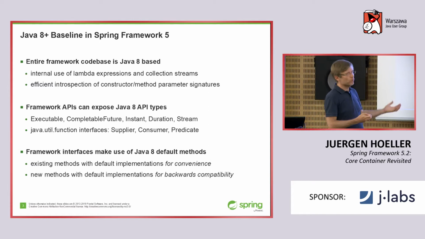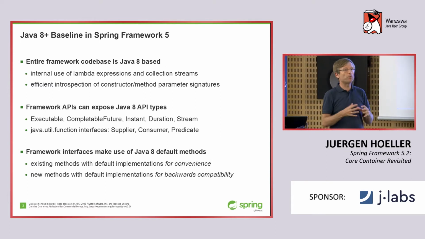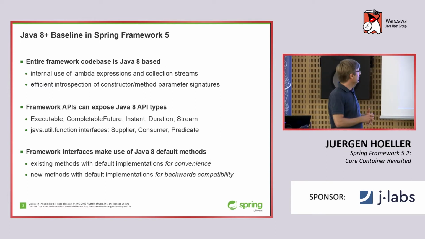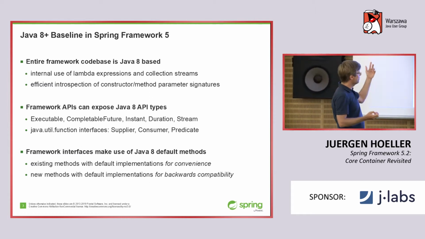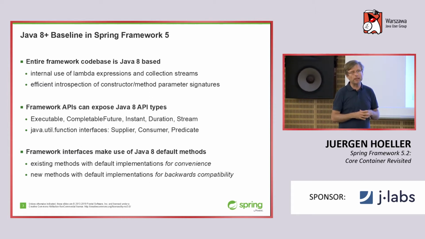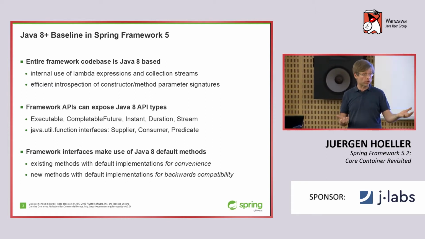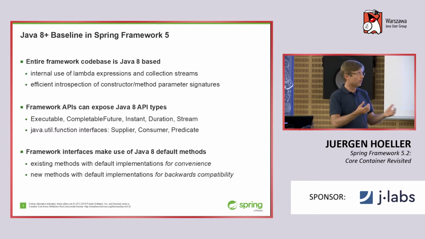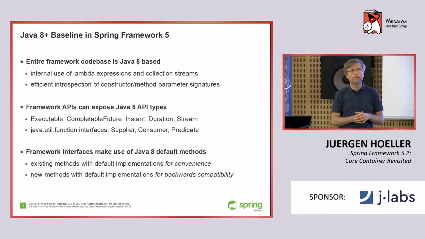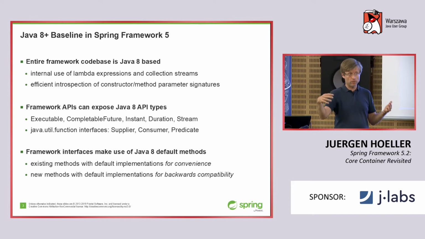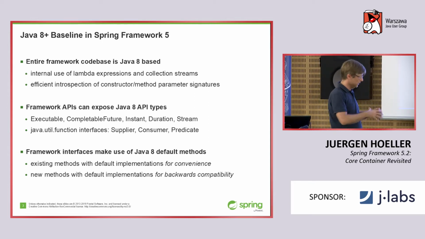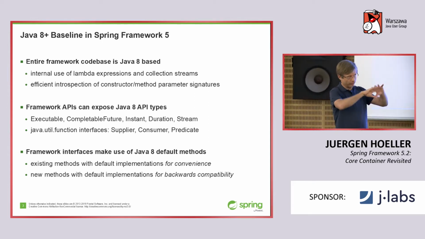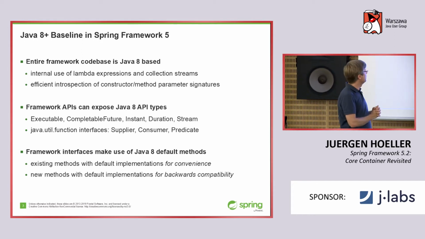And we're making use of some Java 8 features that we were not able to use before. For example, some common Java 8 API types, the java.util.function package, Supplier, Consumer, Predicate, collection streams, the java.util.stream types, and all of the little world that comes with it.